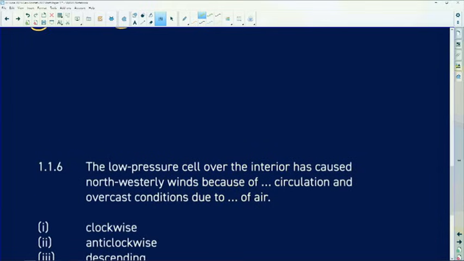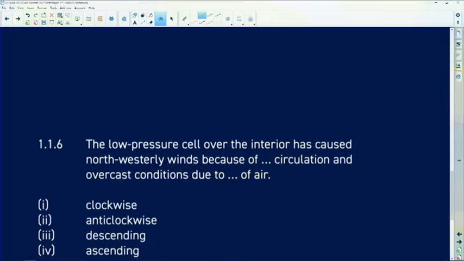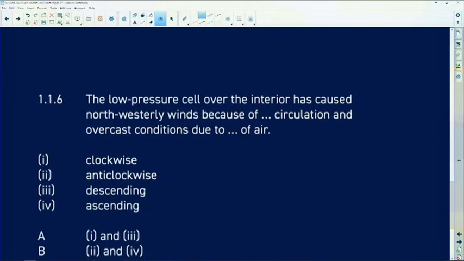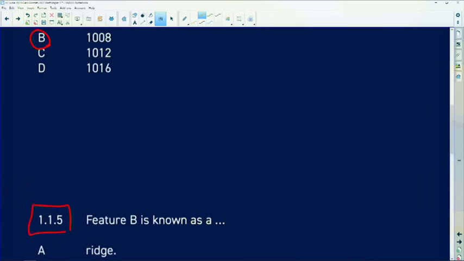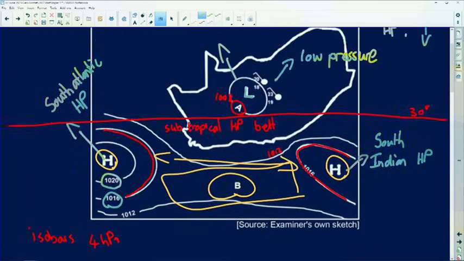If you look at question 1.1.6, the low pressure cell over the interior has caused northwesterly winds because of what type of circulation and overcast conditions due to descending or ascending of air. Now, very interesting question. And I actually forgot to mention this when we look at this diagram.